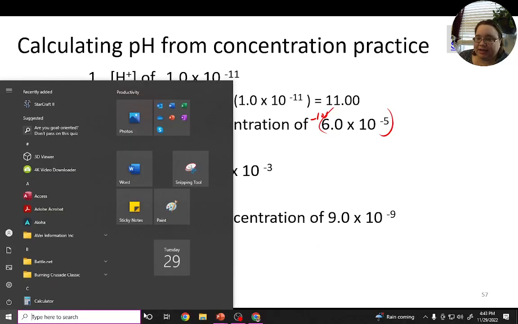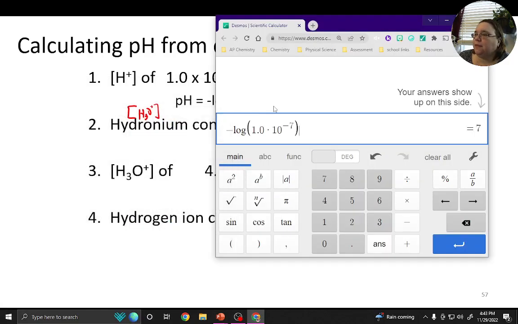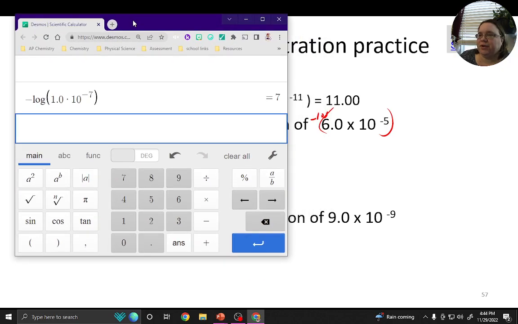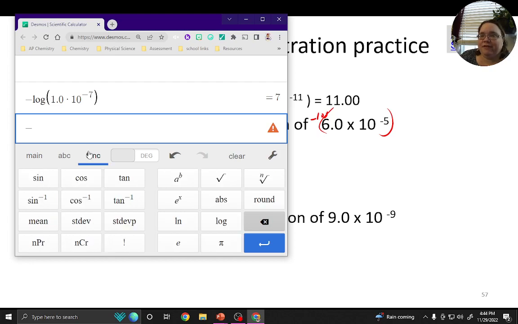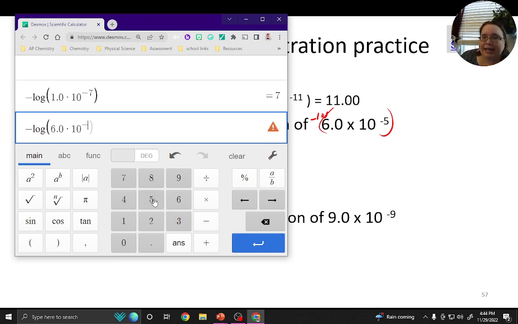So what does that look like in Desmos? Okay, so let's look at this in Desmos. Negative sign, because I need to hit that first to get negative log. Function to get to log. Back to main to type in the rest. 6.0 times 10 to the, so that means I got to hit the A exponent B button, negative 5.